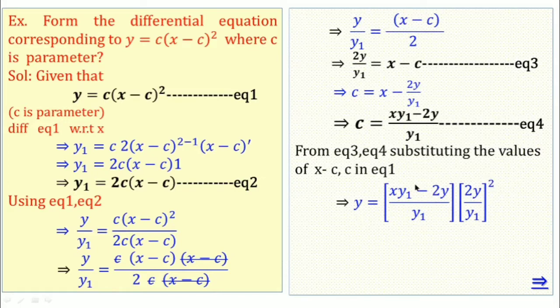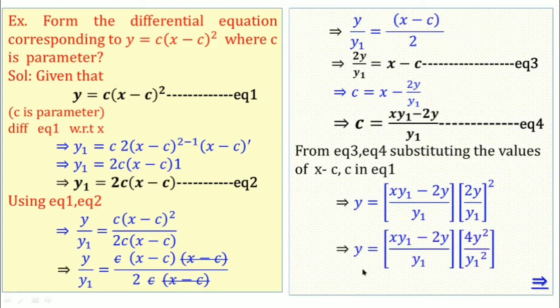So y is equal to this c value and this x minus c value from equations 3 and 4. Now we write the first term as it is, but in the second term, 2 square means we get 4y square and y1 whole square.